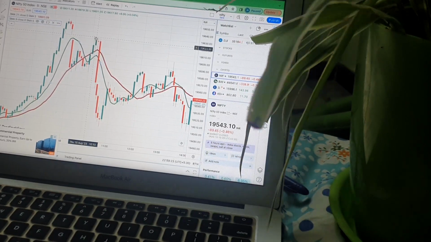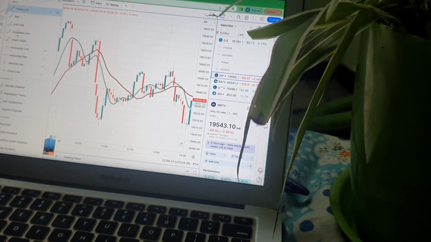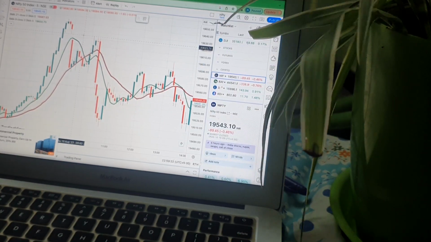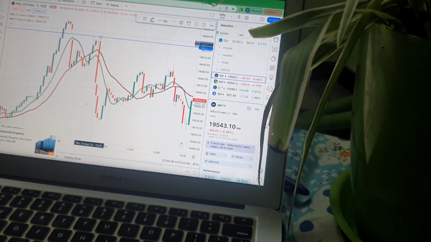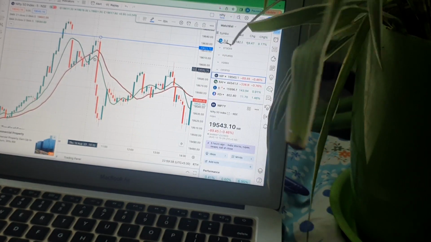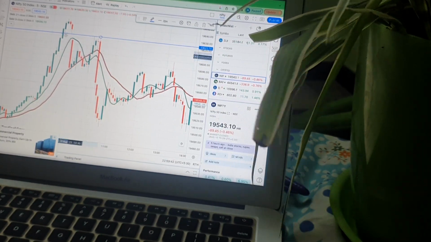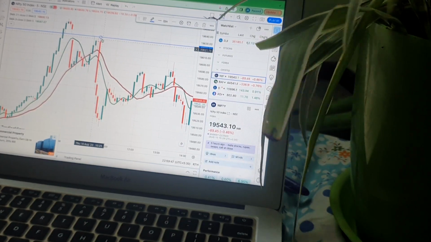Now if I draw a horizontal support line here, see, it exactly reached there and came back. There is another confirmation: it did not cross over. That means the selling is going to happen from here. That's the reason.